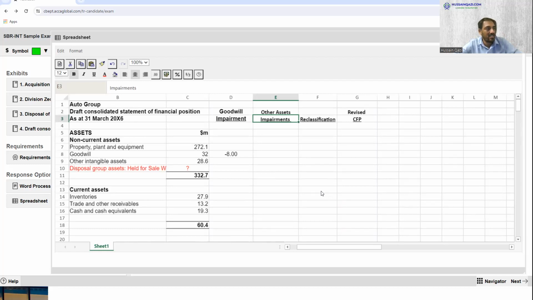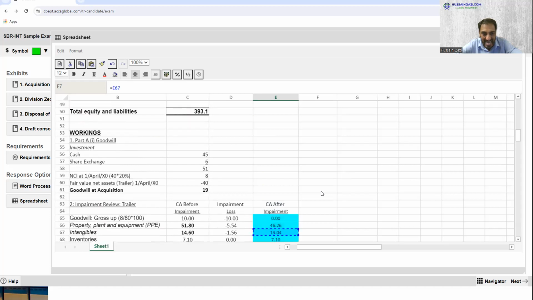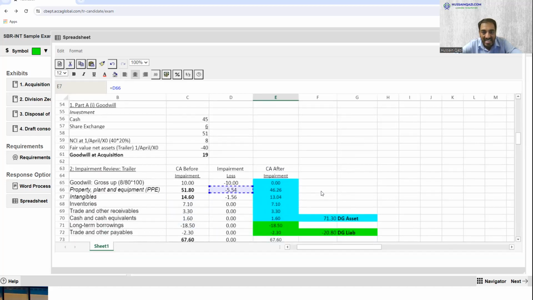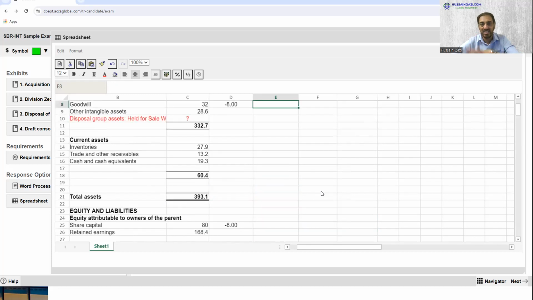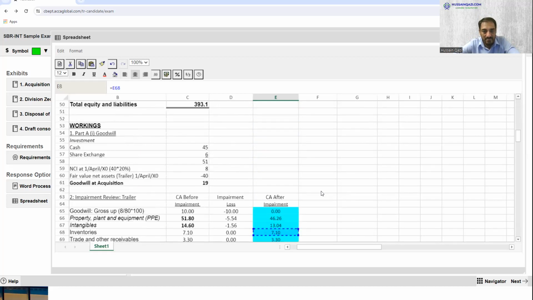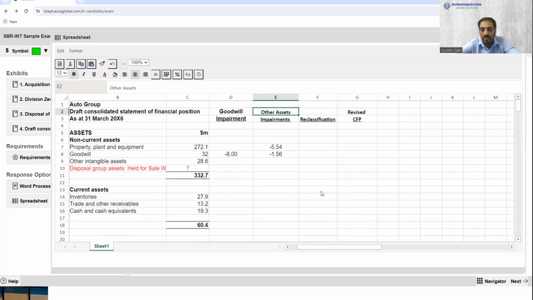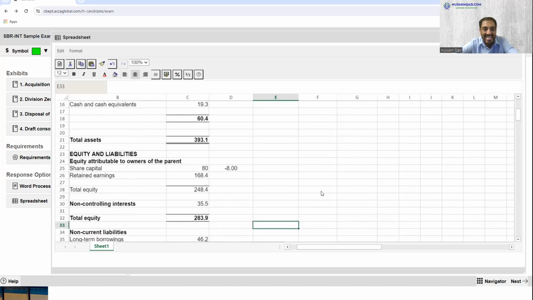What about the other assets? Property, plant, equipment: take out the value from the tabular, minus 5.54, already in minus. Other intangibles, minus 1.56. So asset credited should be minus, and both these adjustments affect the CRE and NCI as well.